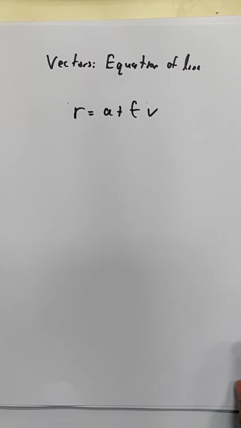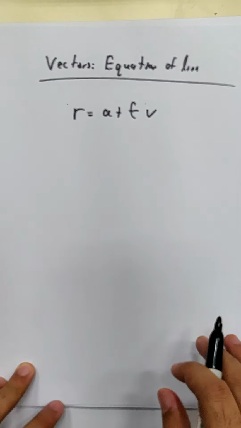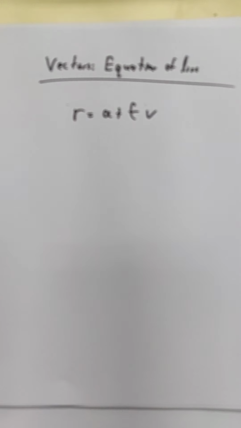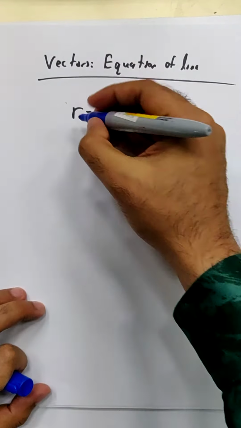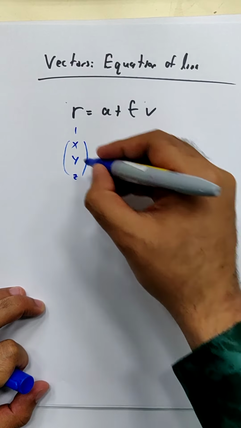Okay, let's begin. For today, we'll be talking about the vector equation of a line. It's merely about r equals a plus tv. That will be the formula where r, you can mainly say this as x, y, and z. It's more of the point.